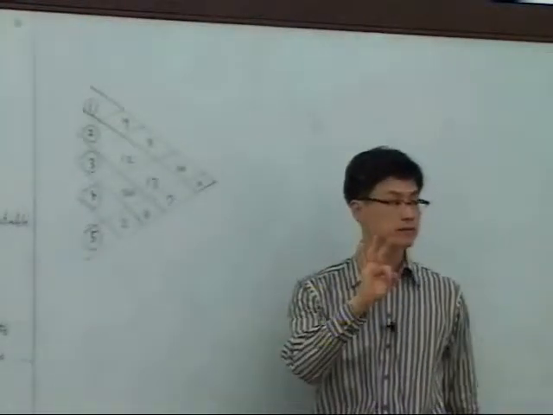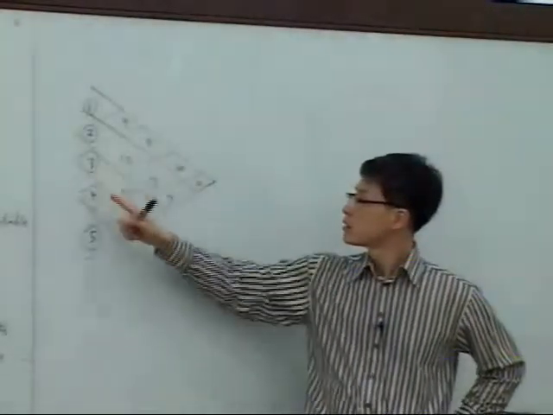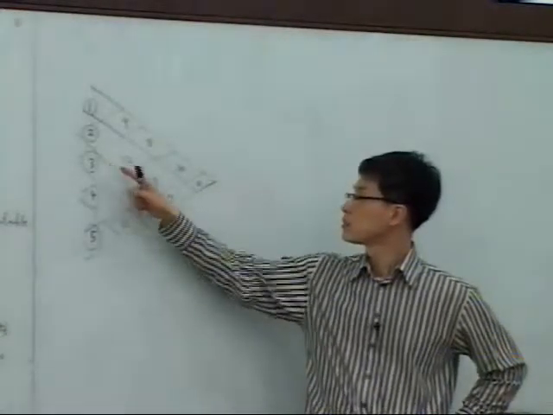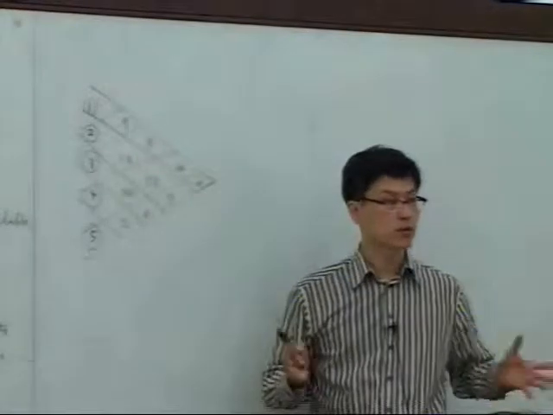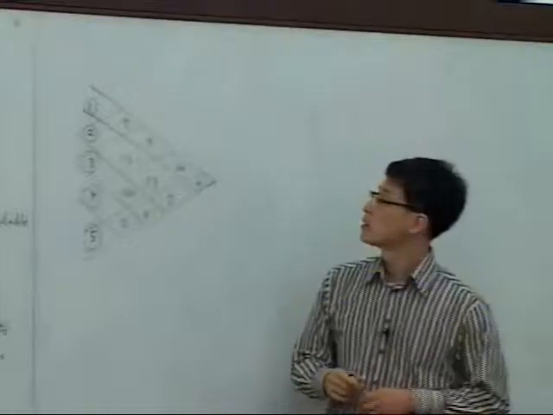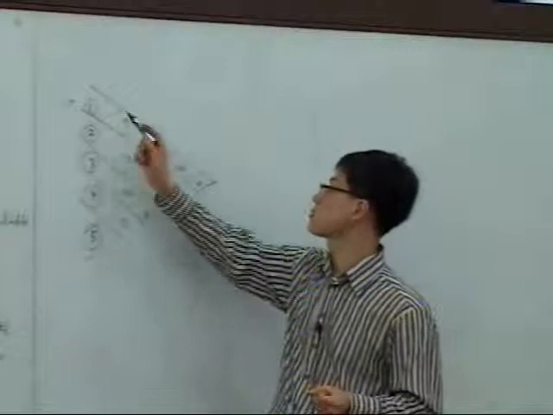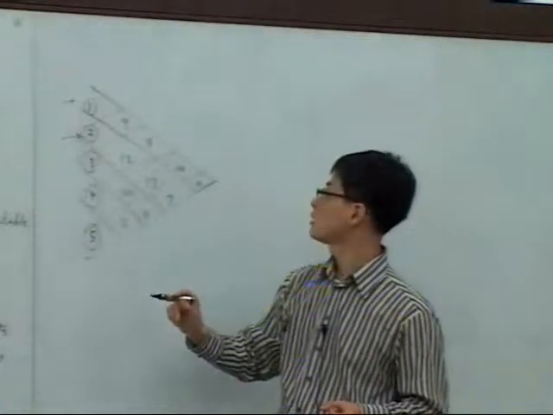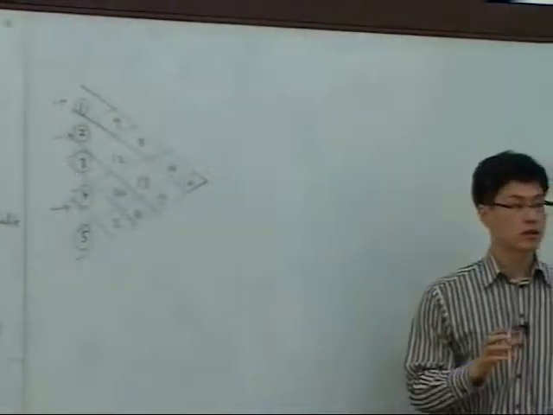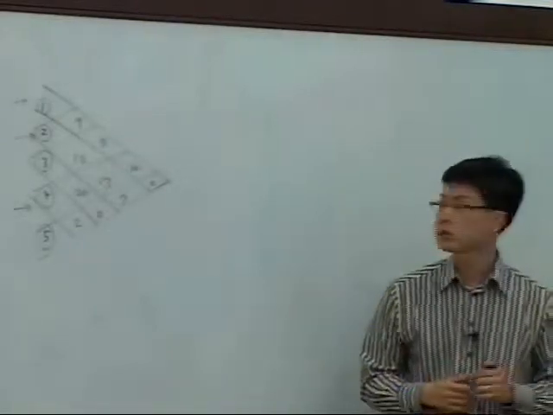So spoke is 3. 2, 3. 4, 3. 5, 3. 3, 2. So the maximum number of spoke is 3, right? And the departments with that maximum number of spoke are number 1, 2 and 4. So we know that anyway we have to start with department 1 to 4.